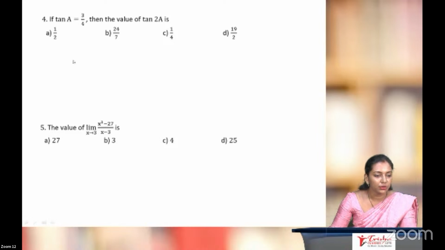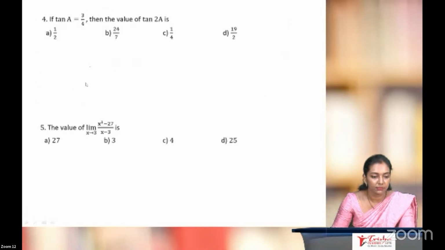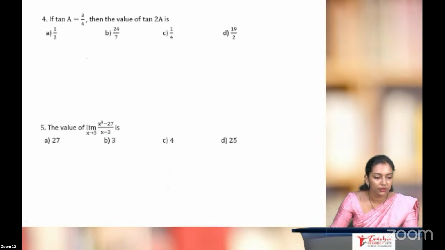Next, if tan A equal to 3/4, then the value of tan 2A. So as you know, here you can expect a question which is related to formulas, that is cos 2A, tan 2A, sin 2A. So tan 2A, we have the formula tan 2A equal to 2 tan A by 1 minus tan square A. Okay. So just substitute the value.